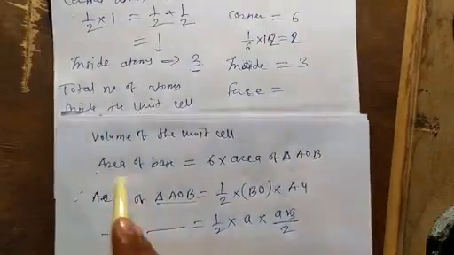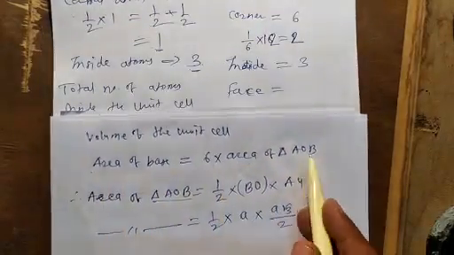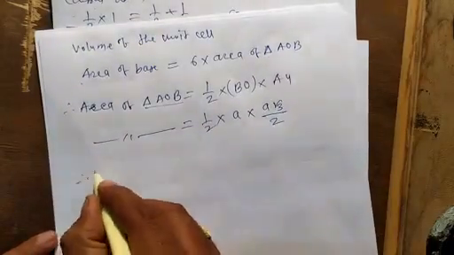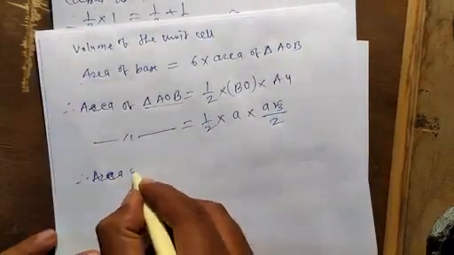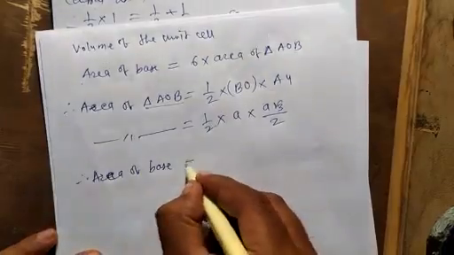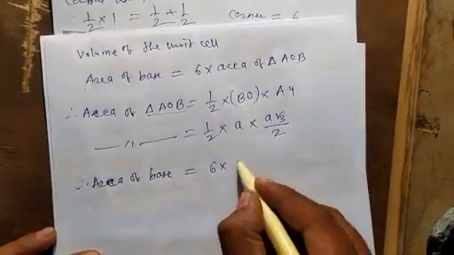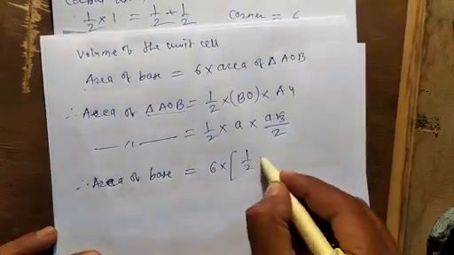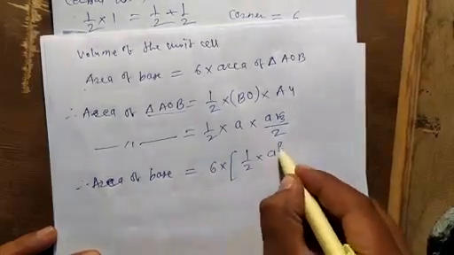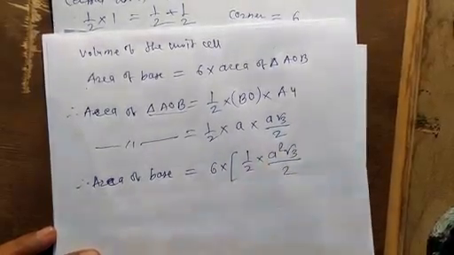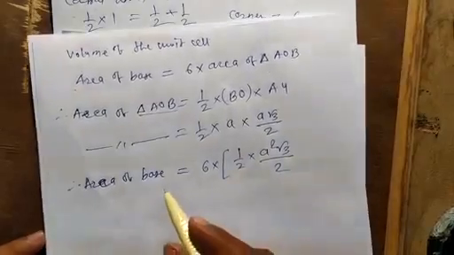And what is the area of the base? 6 times the area of triangle AOB. Therefore we have to just multiply. Therefore area of base equals 6 times half into A, that is A square root 3 by 2. Now just calculate this.